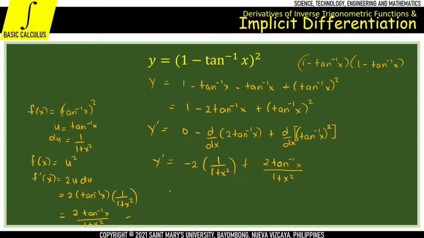And then simplifying, we have negative 2 times 1 is equal to negative 2 all over 1 plus x squared, plus we have 2 multiplied by the inverse tangent of x all over 1 plus x squared. Since these are similar fractions, we can combine them as equal to negative 2 plus 2 inverse tangent of x all over the common denominator, which is 1 plus x squared. Therefore, this is now y prime.